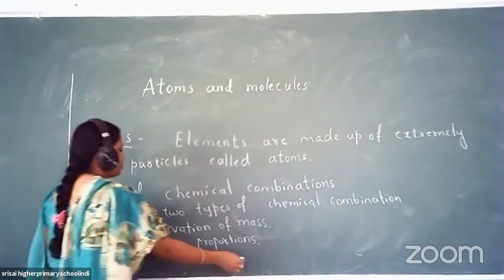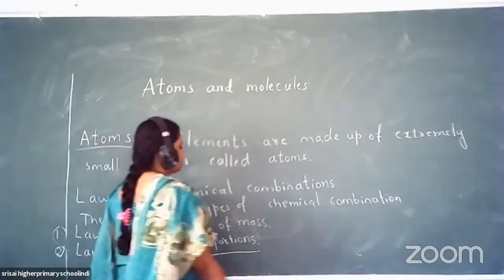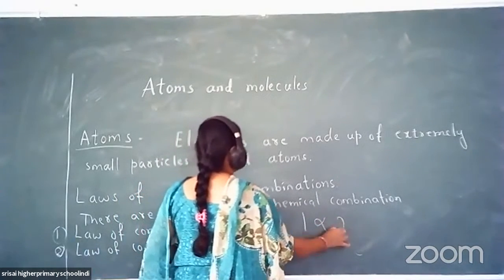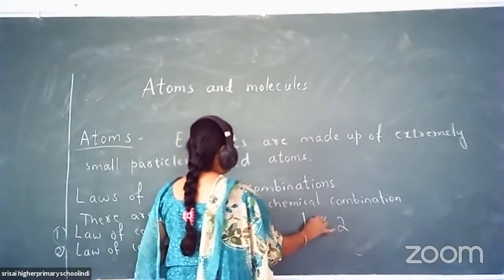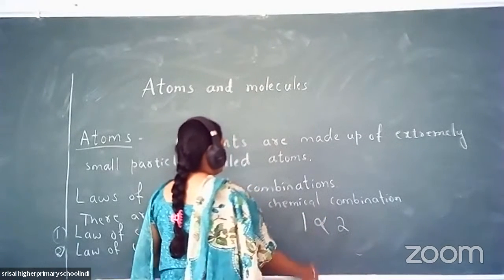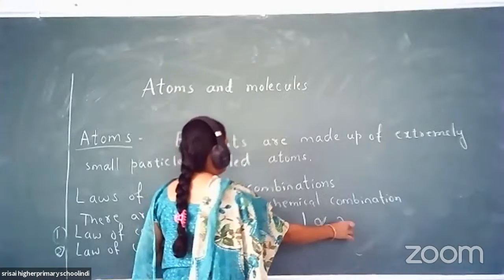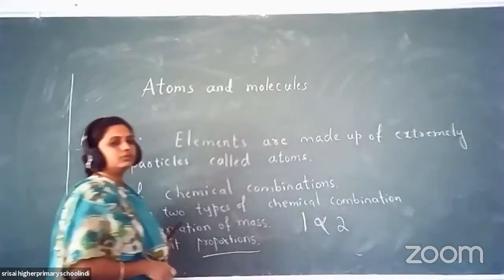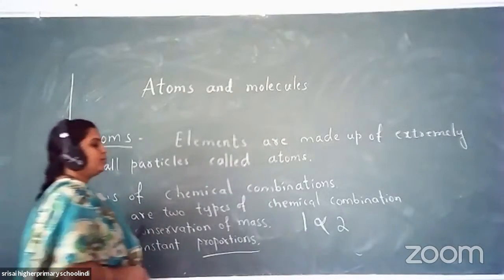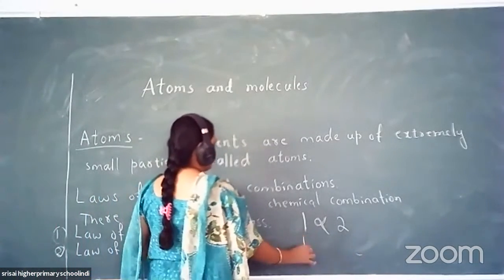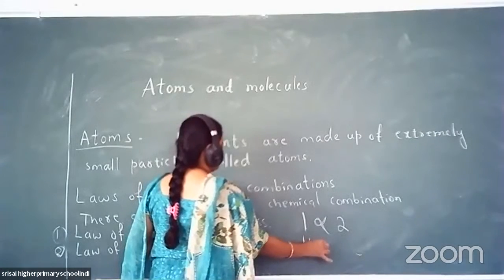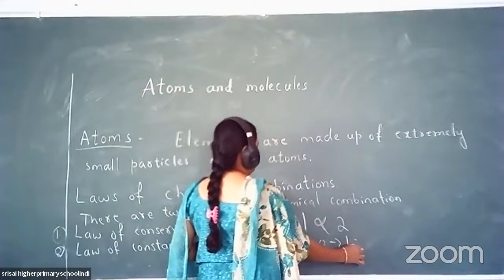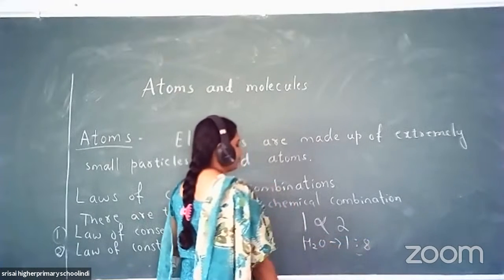You know what proportions mean, students. Proportional means, for example, 1 proportional to 2. Here it may be more, it may be less. Proportional means we have found that water is H2O. Here hydrogen is 1 proportional to oxygen is 8.